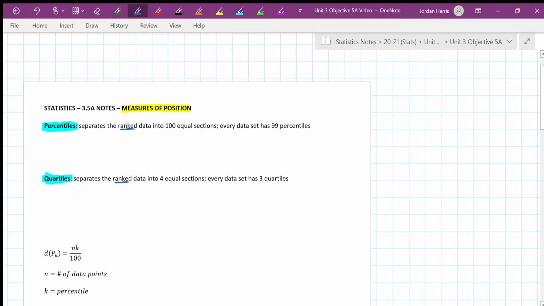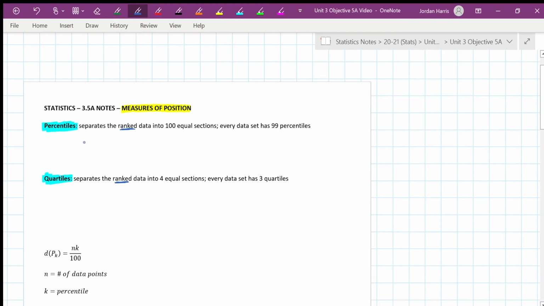If you've ever heard from a state test or the SBAC testing, you're in the 95th percentile, you're in the 74th percentile, this is what it's talking about. And if you didn't know, the highest you can go is the 99th percentile. Okay, we'll talk about why.